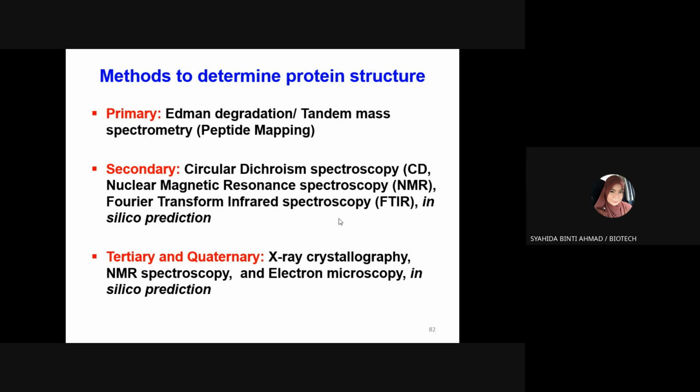But you need to at least know what instruments are usually used in the future if you would like to study or determine protein structure. Okay, for example, for primary structure you can use Edman degradation. Usually this is to know the N and C terminal. But later the best is using tandem mass spectrometry, or we call it peptide mapping. Alright.